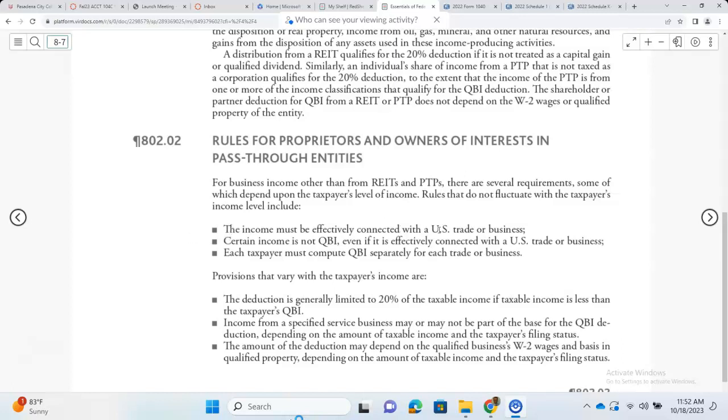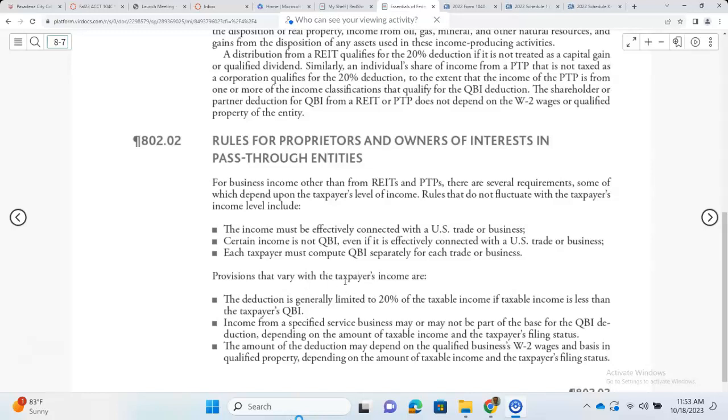So the income must be from a U.S. trade or business. Certain income is not QBI, even if it's effectively connected to the U.S. trade. Each taxpayer must compute QBI separately for each trade or business. So if you have 2-3 businesses, then you have to calculate. Software will do it for you, so don't worry about it.